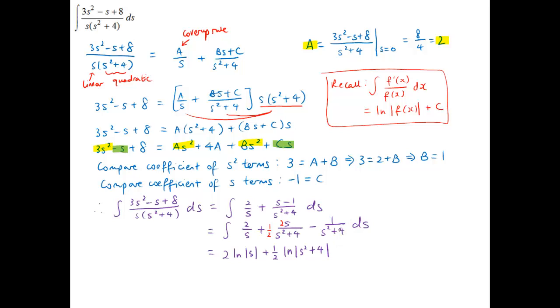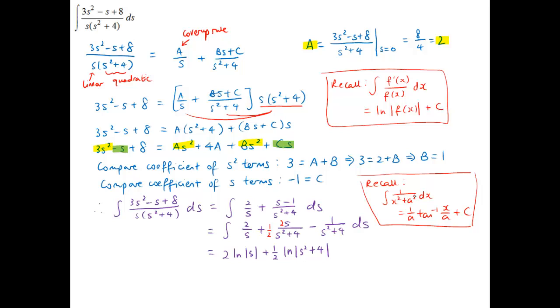And this, now let's recall that if I were to integrate 1 over x squared plus a squared dx, the formula is 1 over a tangent inverse x over a plus c. If I were to do a one-to-one matching, I can see that instead of x, I have s as the variable.